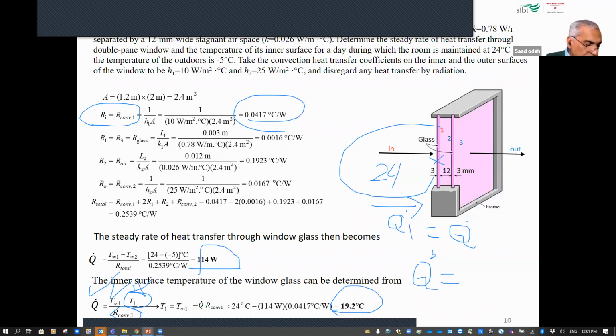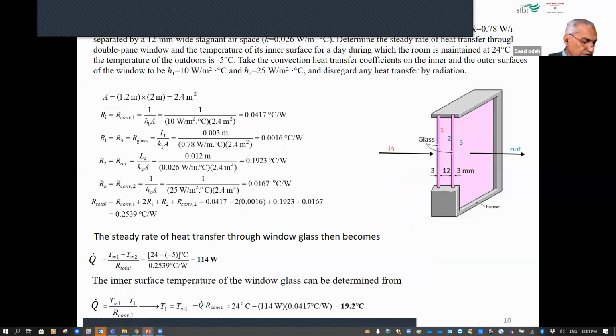So definitely you will find the temperature of glass 1 is higher than the temperature of glass 2, because we are going toward the outside, and the outside temperature is lower. It's -5, all right? So that's what we expect. Any questions before we move to another topic?